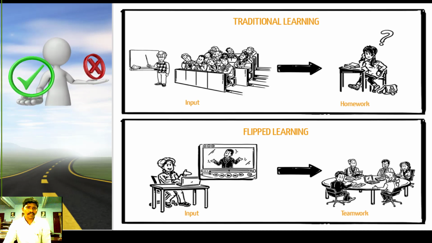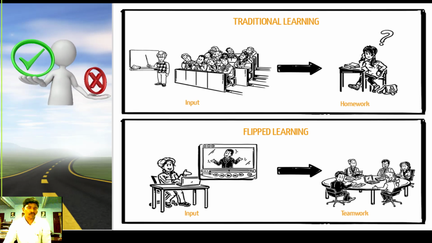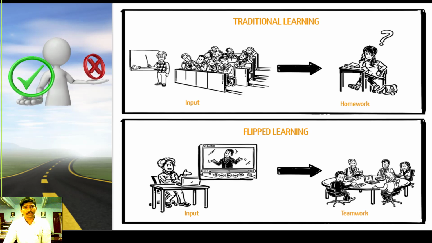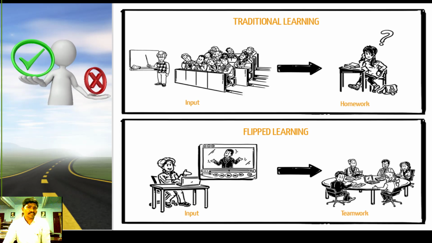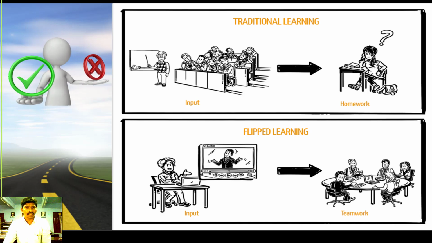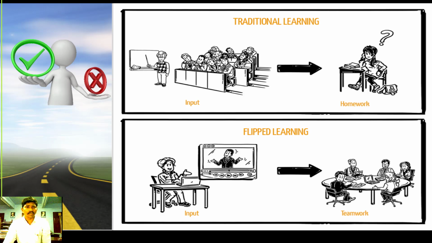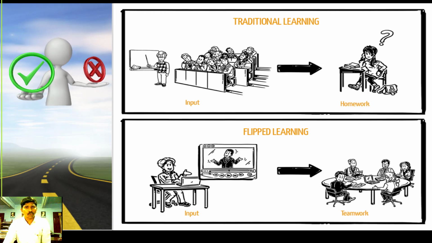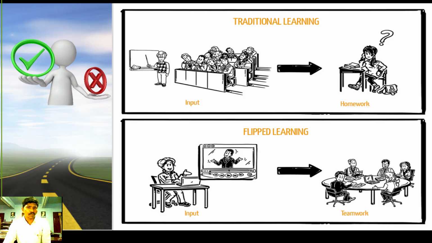So these are two slides showing the traditional classroom and the flipped classroom. In the traditional classroom, teachers give inputs, that means we are lecturing or giving some concepts or practical demos, everything in the classroom. The students go home to do the assignments or homework.